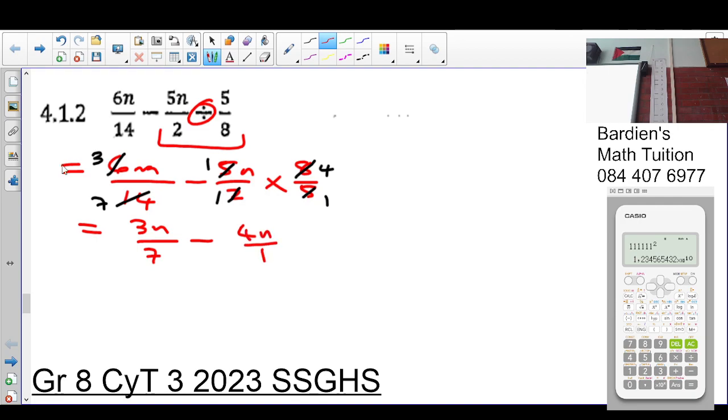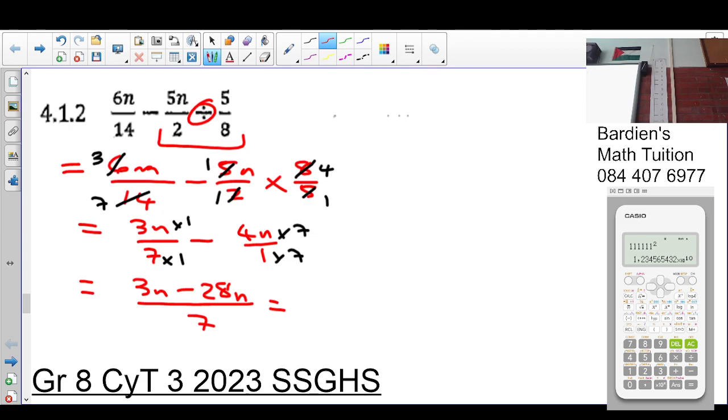What is your LCM? 7. So times this by 1. That by 7. 3n times 1, 3n minus 4n times 7, 28n. Are the signs the same? No. So what must I do? Subtract.